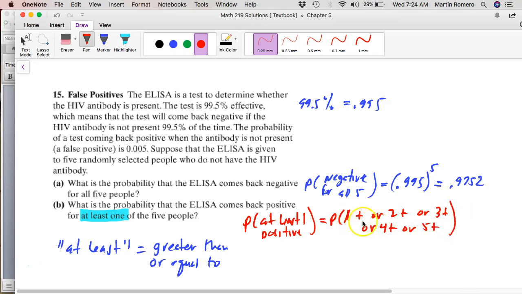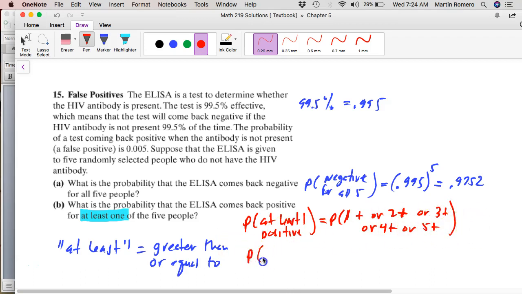So we have to calculate each of those separately. What's the probability that one comes back positive, plus the probability that 2 come back positive, plus that. So that's one way to do it, and that takes a long time.